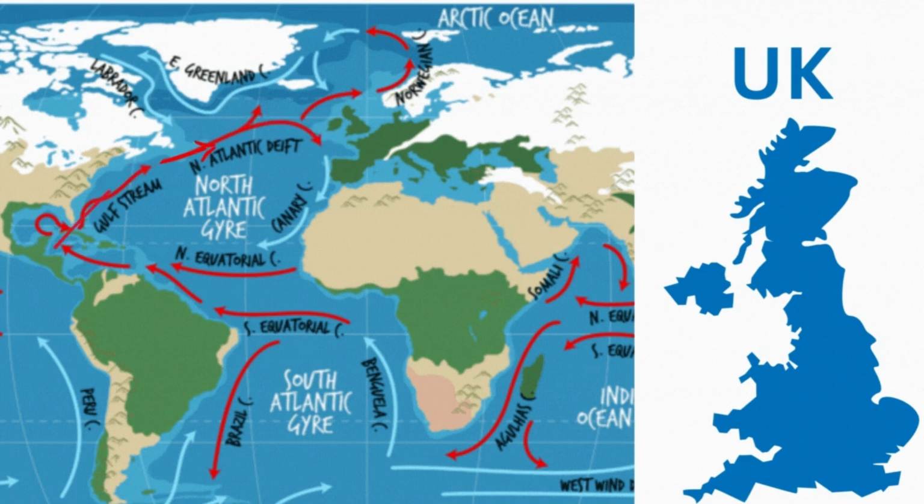This warm water warms the air as it passes by. This current in particular affects the climate of the UK. The Gulf Stream and North Atlantic Drift are responsible for the milder winters experienced in the UK compared to the USA.